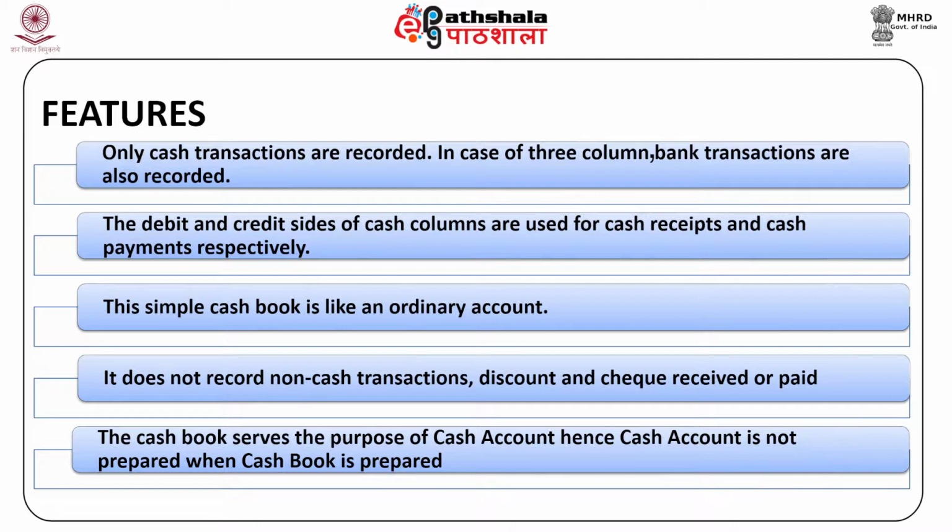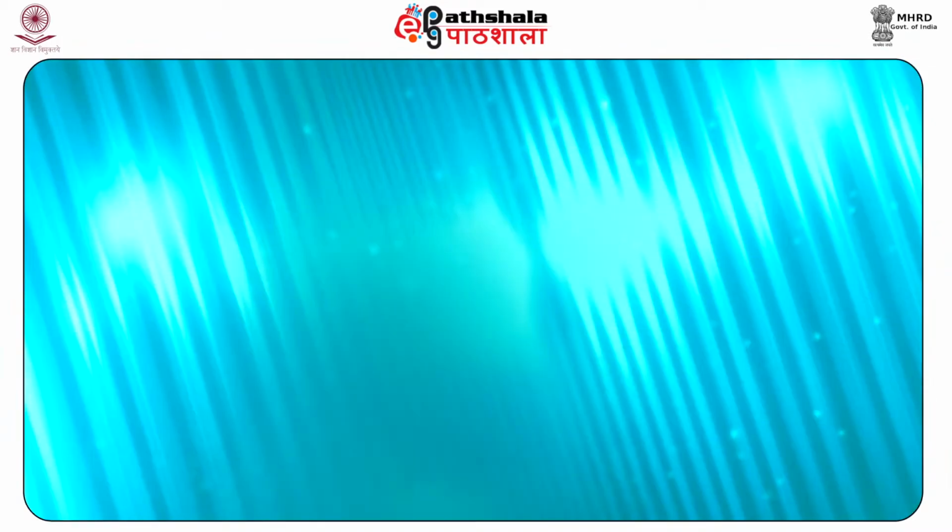The cash book serves the purpose of a cash account. Hence, a cash account is not prepared when a cash book is prepared. It does not record non-cash transactions, discount, and cheques received or paid. The balance shows cash in hand. Since cash paid cannot exceed cash received, there can never be any credit balance.